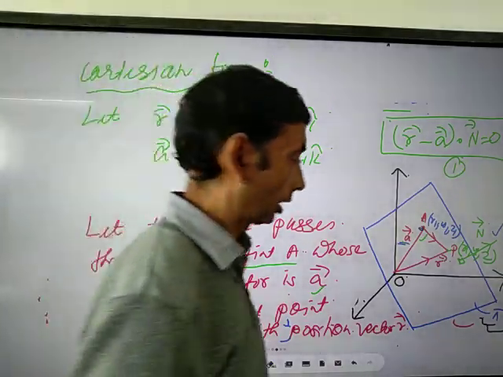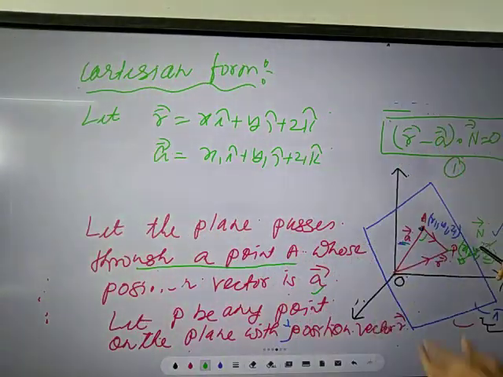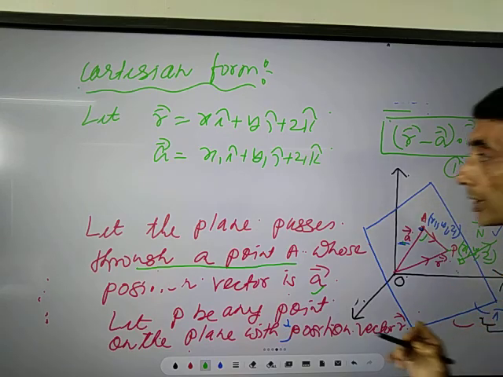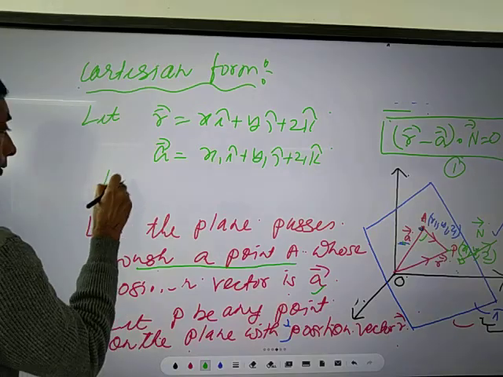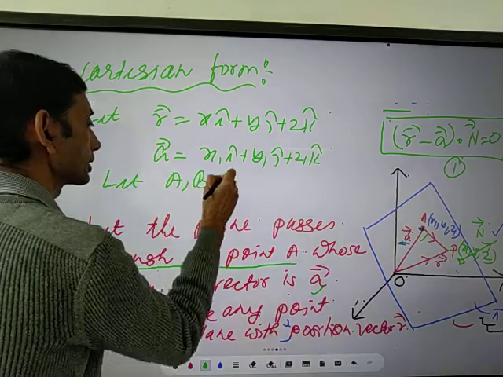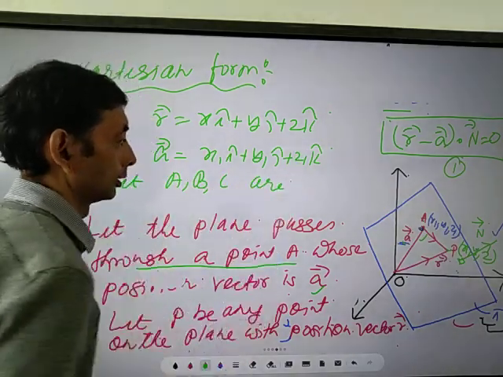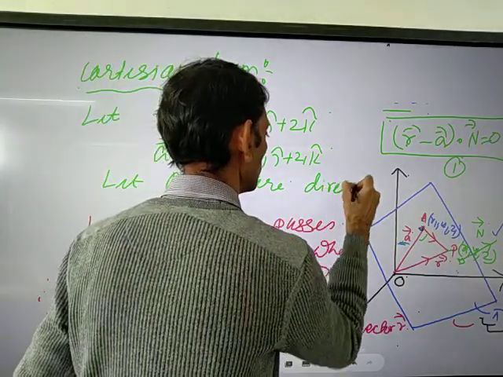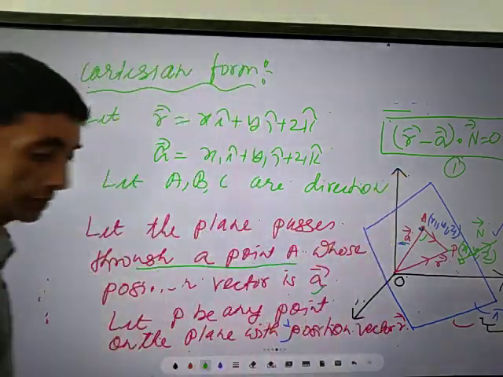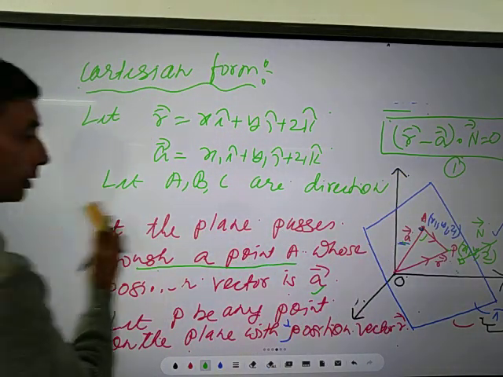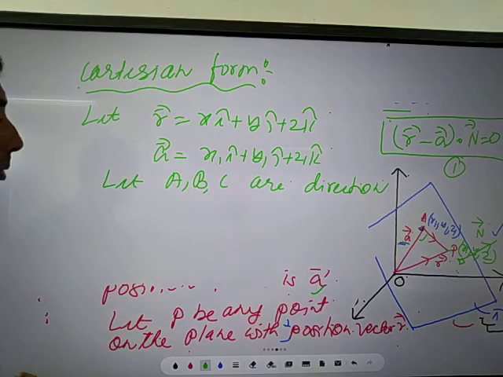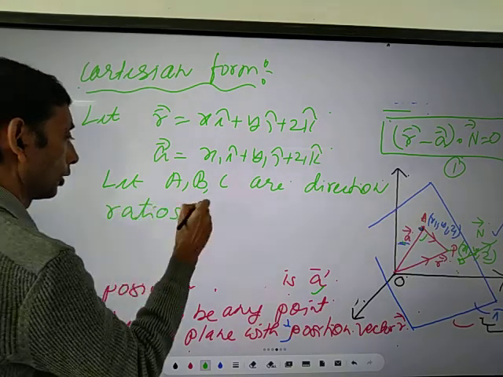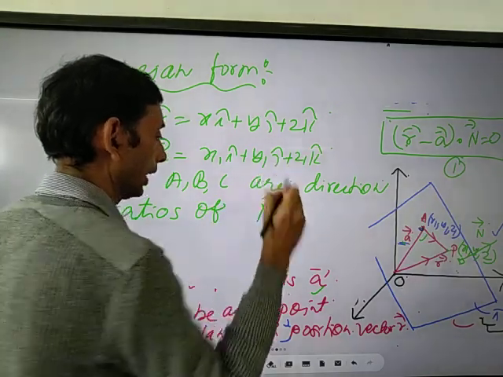Now we need to express the vector which is perpendicular to the plane. Let A, B, C be the direction ratios of n.